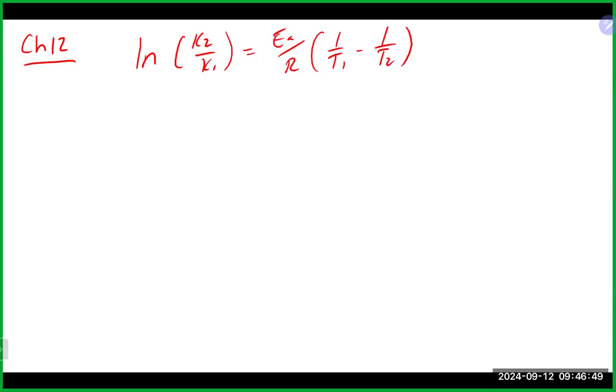So we have the Arrhenius equation, our guy here, where we have a couple of rate constants. And obviously, we could use this formula as we talked about more as sort of a calculation type formula.